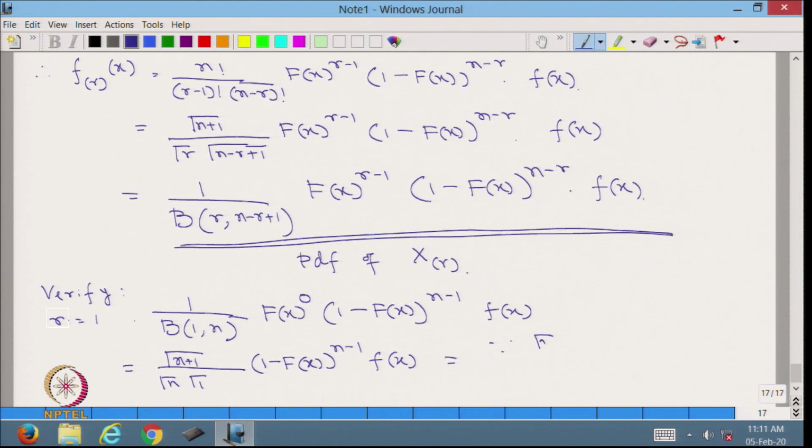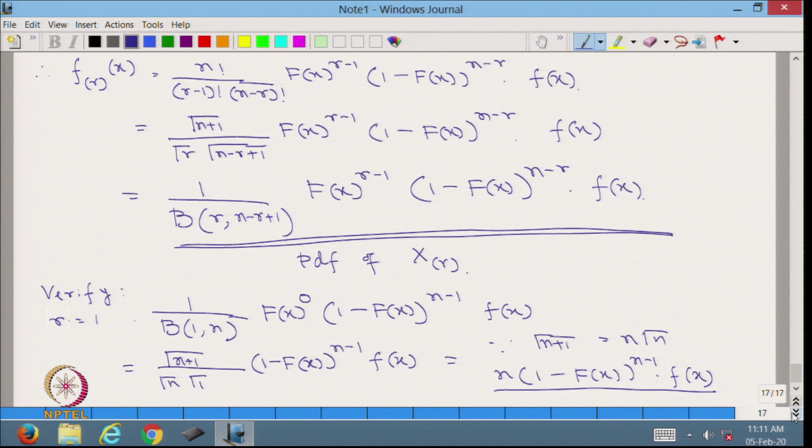Since gamma n plus 1 is equal to n into gamma n, this is equal to n into 1 minus F(x) whole to the power n minus 1 into f(x), the same result that we got earlier.